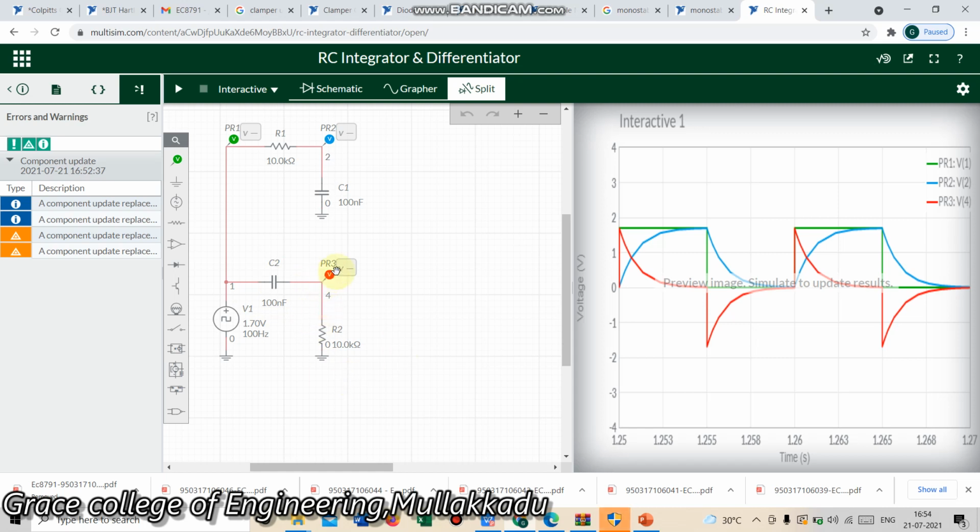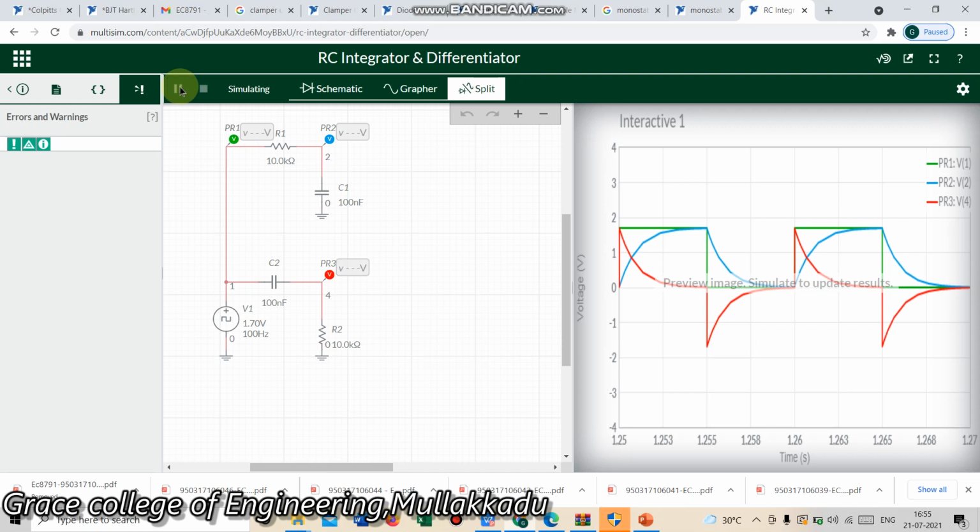Here we have taken the output at this particular terminal, indicated by the red color, and for the square wave input it produces the spike output. It is clear that the integrator produces the triangular wave for the square wave input, and the differentiator will produce the spike for the square wave input. This is the integrator circuit and this is the differentiator circuit.